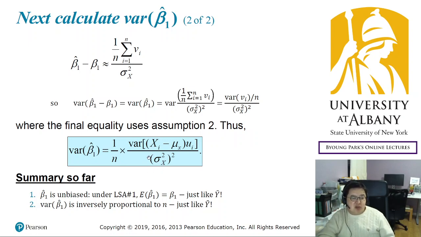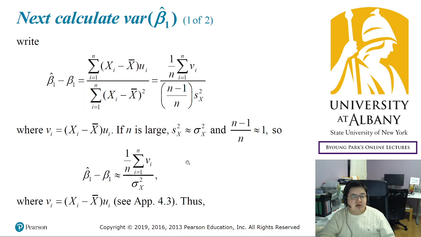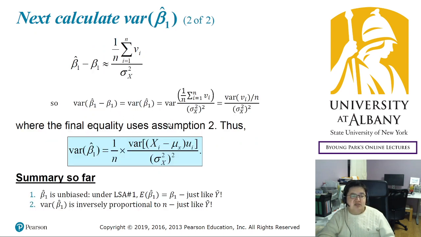Also what's interesting here is the denominator. Where is it? The denominator is this guy. You can think of it as the variance of x. This is the variance of the student to teacher ratio.